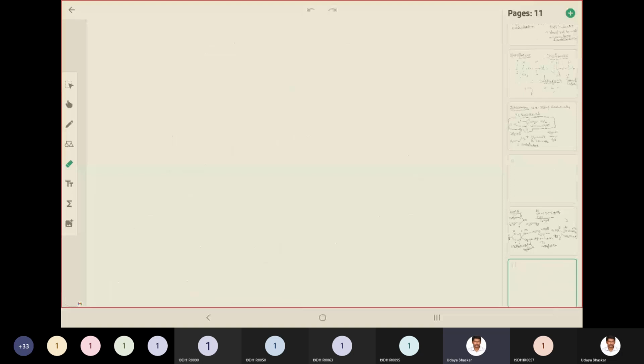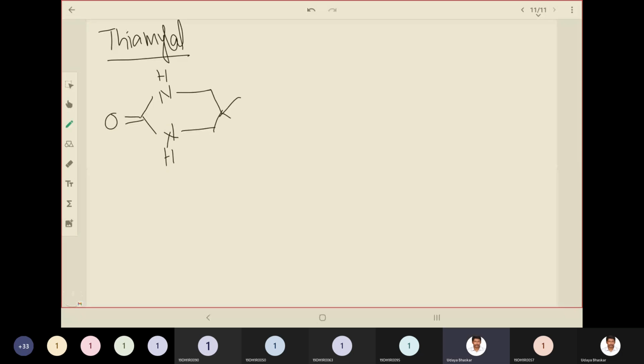And now let us see the structure of thiopental sodium. Sorry, thiamylal. Let us see thiamylal first. So you know the general structure, how to write barbiturates: urea moiety, and two side chains at the fifth position.